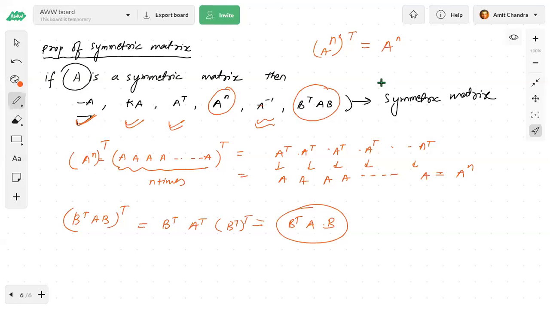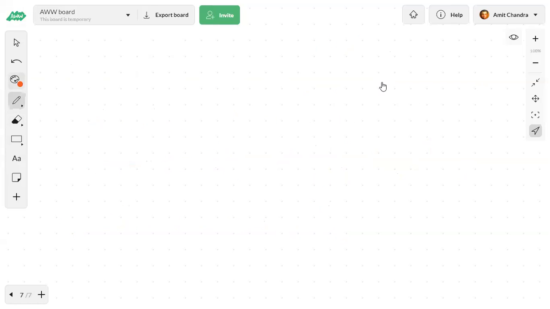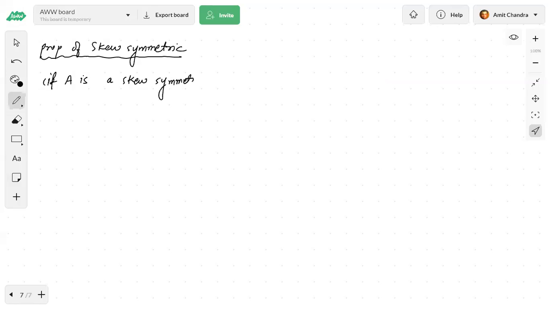The first property: if A is a skew symmetric matrix, that means A transpose is equal to minus A, then A to the power 2n is a symmetric matrix, for n belonging to natural numbers.